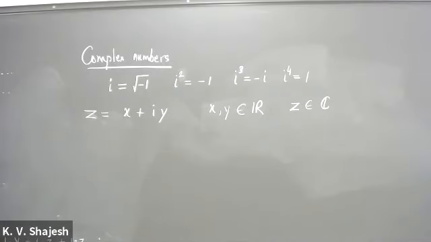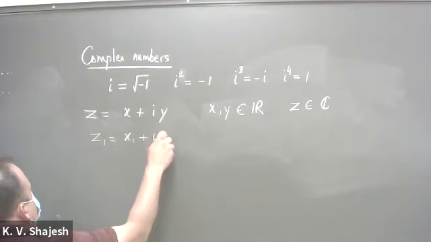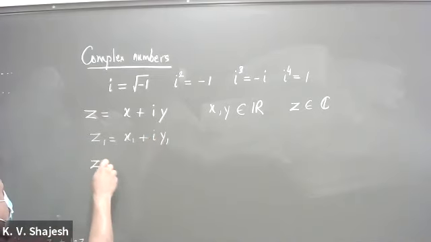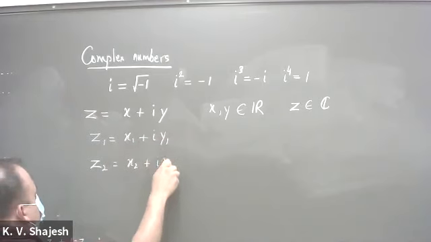And now we want to define operations on it. First is addition and subtraction, straightforward. So let's say z1 is equal to x1 plus i times y1, and z2 is equal to x2 plus i times y2.